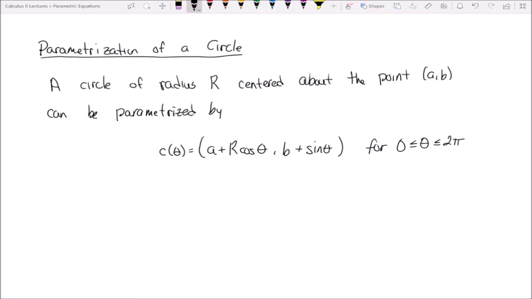This is an extremely important parameterization. Right, it's one that I do recommend that you write down somewhere and keep it safe.